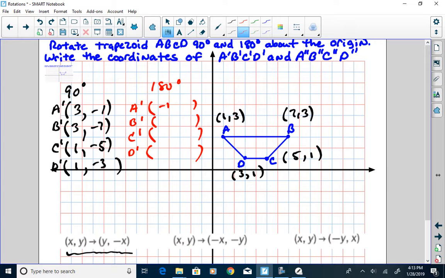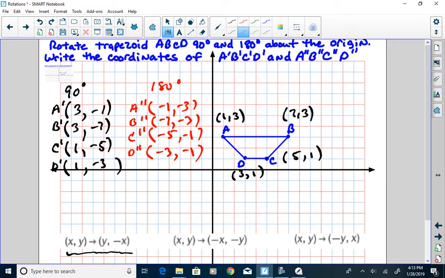Opposite of x would be negative 1. Opposite of y would be negative 3. These are B double prime, C double prime, the second image, so I need the double prime there. B would be opposite x, opposite y, negative 7, negative 3. Point C double prime would be opposite x, opposite y, negative 5 and negative 1. And then D double prime would be opposite x, opposite y, negative 3 and negative 1.